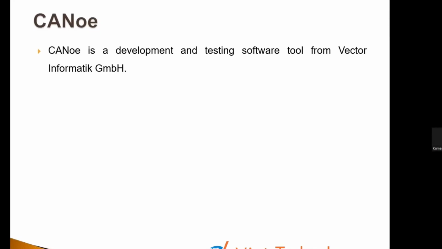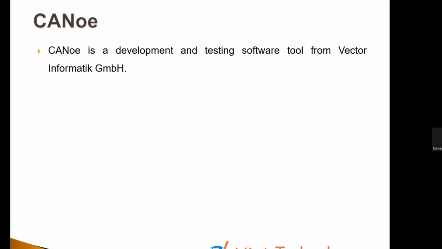Now, physically, how can we generate the CAN protocol and see it? There is only one tool in the market predominantly used by OEMs. That tool is called CANoe. CANoe is from Vector Informatik, Germany.